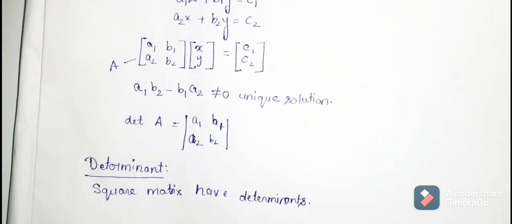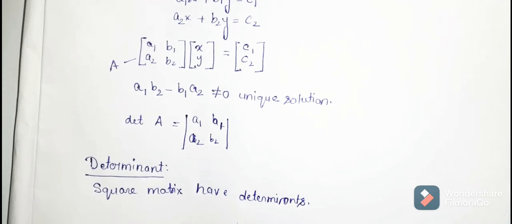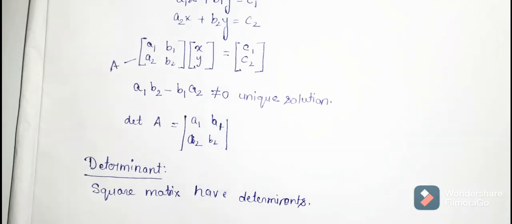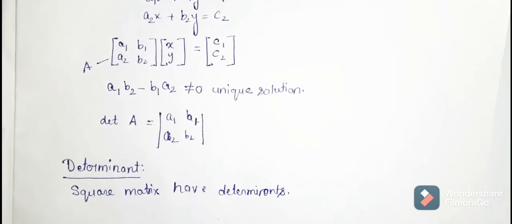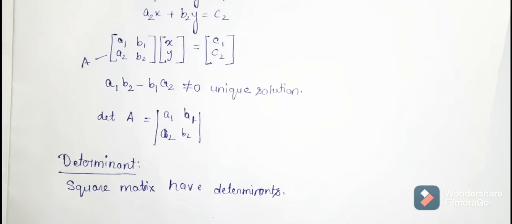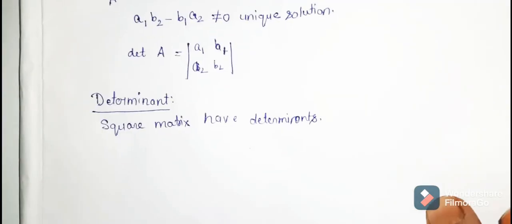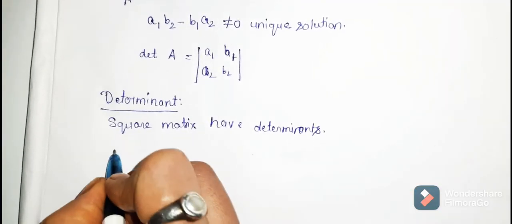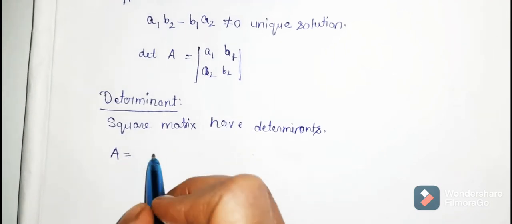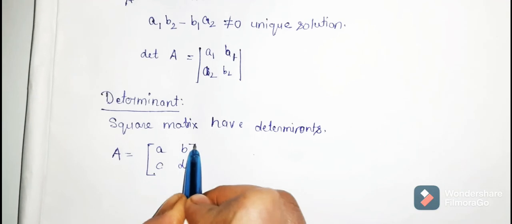And what is a square matrix, you all know, it's equal rows and equal columns. So suppose you have a matrix with a, b, c, d as the entries of this matrix.